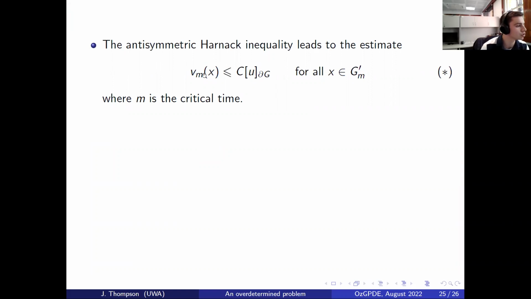First of all, you show that your Vm, which is the anti-symmetric part of U at the critical time m, can be controlled by the Lipschitz semi-norm of U in the reflected part of Gm.